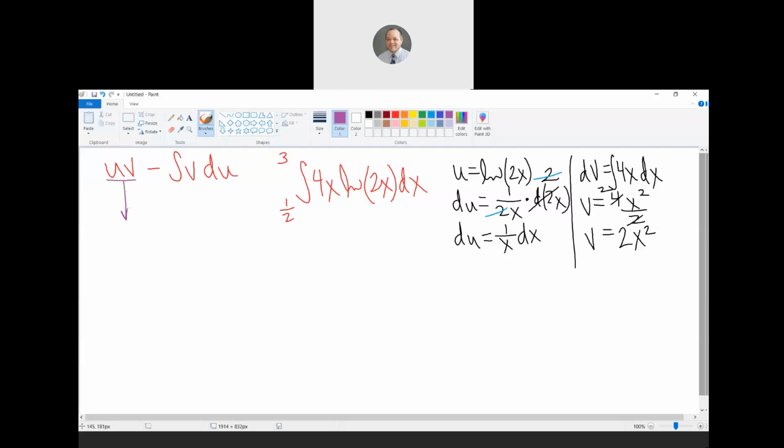U times v is natural log of 2x times 2x squared, but I'm going to go ahead and put the 2x squared up front. Minus the integral of v du. V is 2x squared, and du is 1 over x dx.